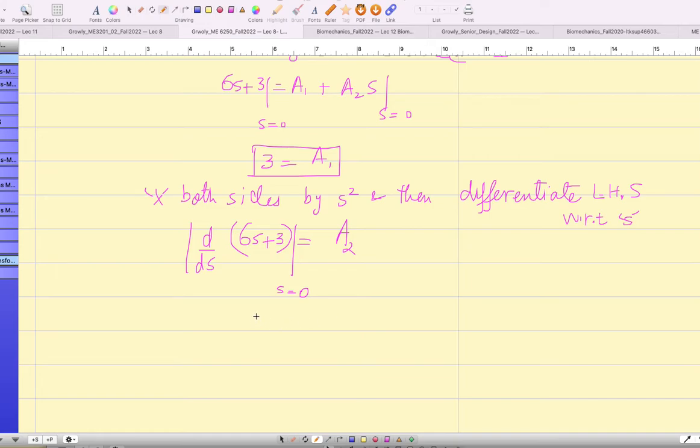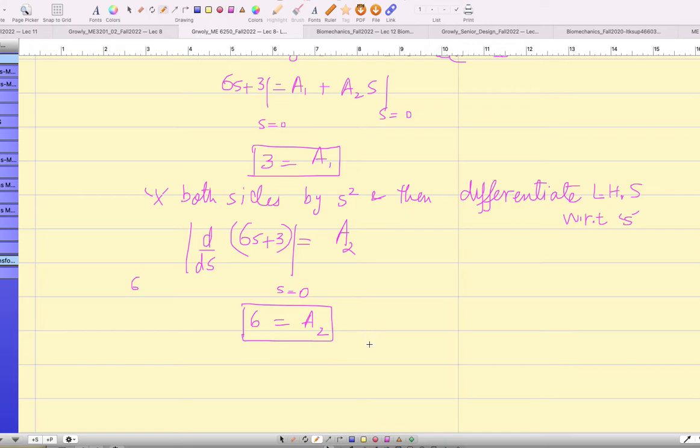If you do the math here, what is the differential? The coefficient a2 equals 6, because if you differentiate you get 6 and you don't have s anymore.